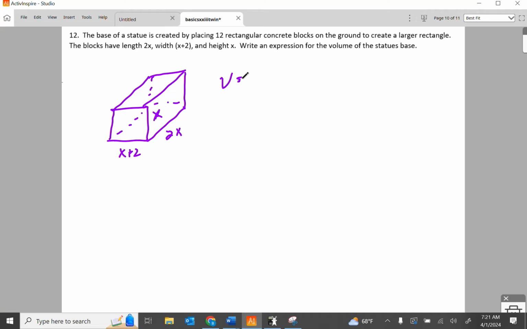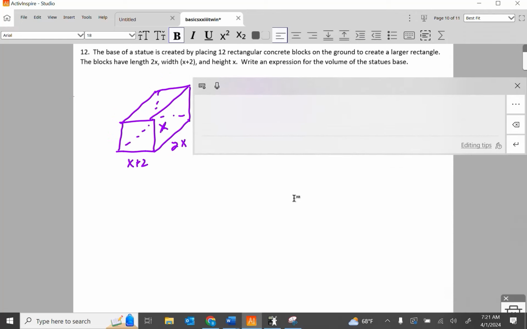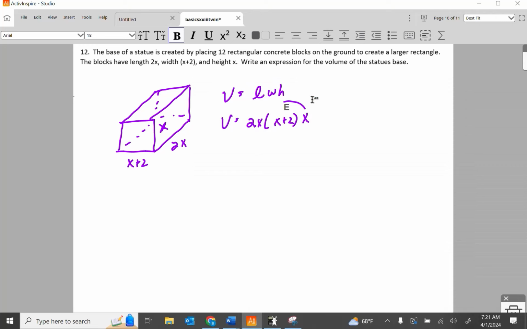Anyways, volume of a box is length, width, height. So volume is 2x, x plus 2, and then height x. And I'm just going to put these 2 pieces together.